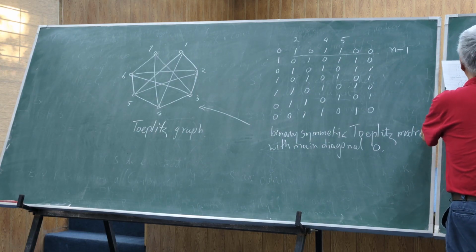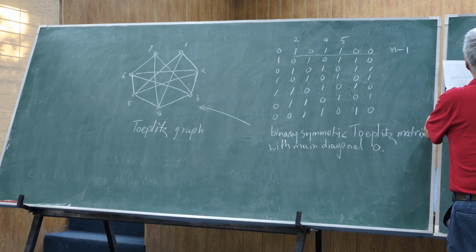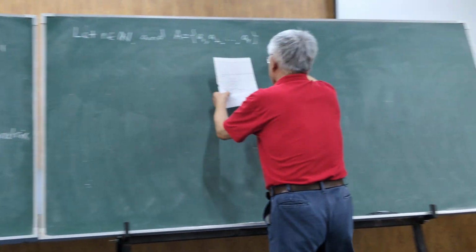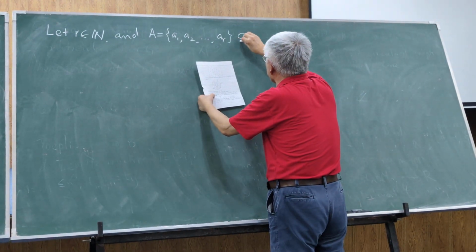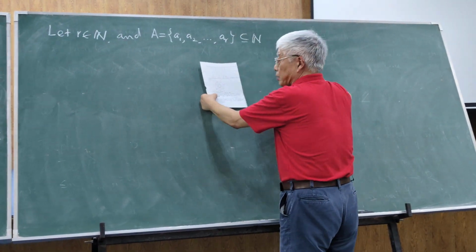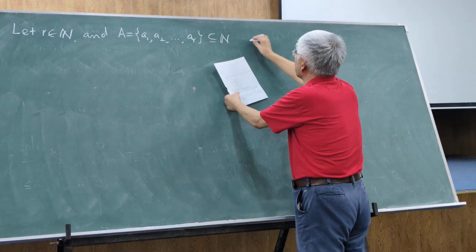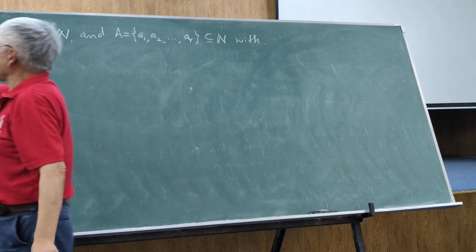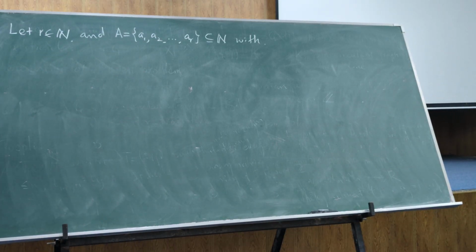Let r be a natural number, and A be a set consisting of r natural numbers. It's a subset of 2 to n, with the condition that every next one of these positions is strictly greater than the preceding one.